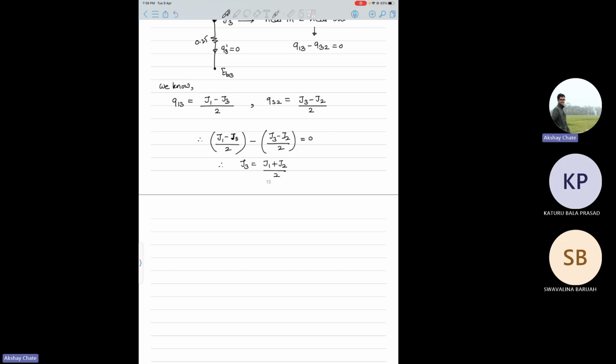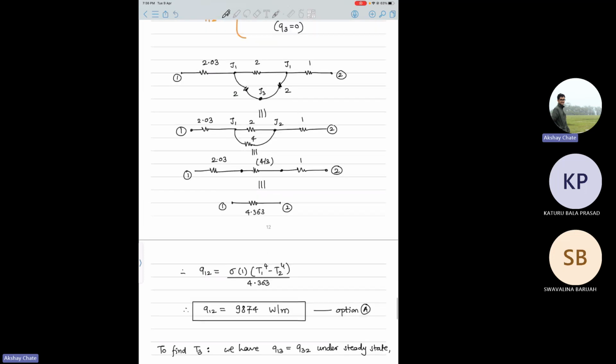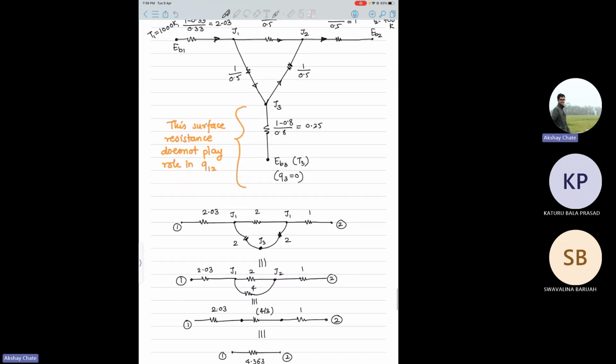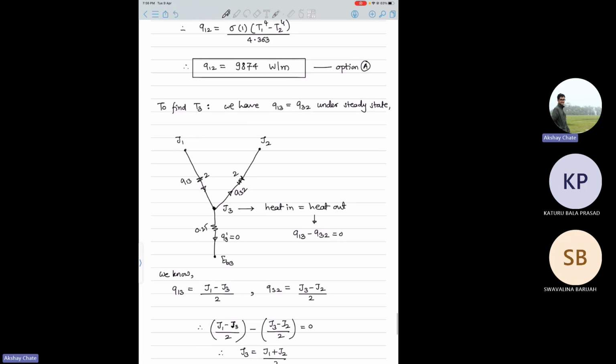J3 is equal to EB3. Yeah, so actually, there is no need to draw this third leg, okay, because anyway it is 0, no?